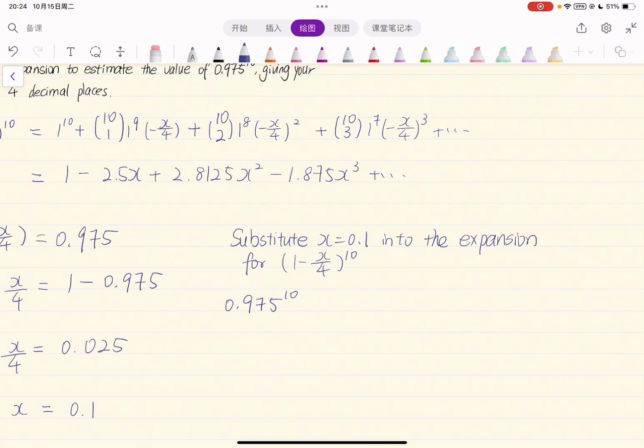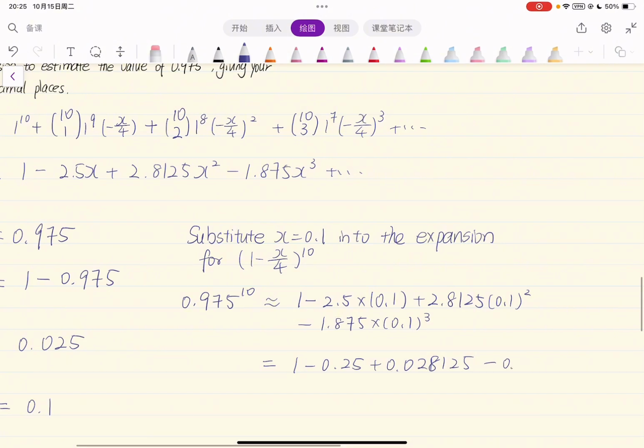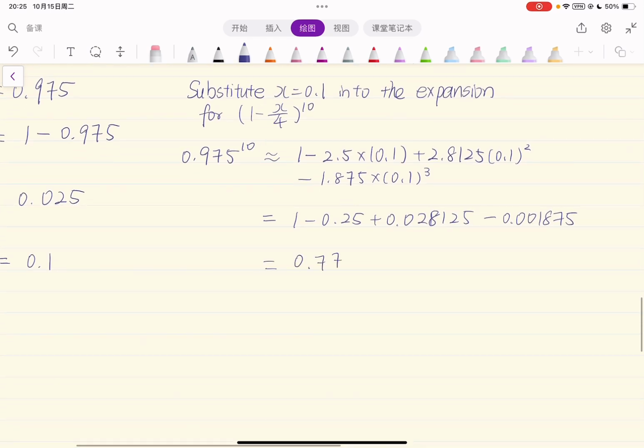0.975 to the power of 10 is estimated as 1 minus 2.5 times 0.1, plus 2.8125 times 0.1 squared, minus 1.875 times 0.1 cubed, equals 1 minus 0.25 plus 0.028125 minus 0.001875, equals 0.77625.